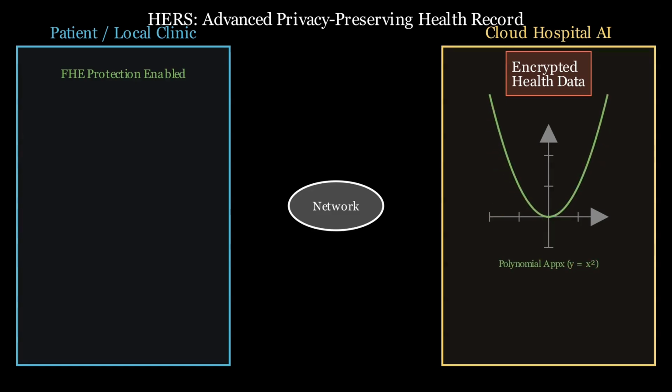To bypass this roadblock, HERS employs a radical architectural shift, polynomial approximation. As you can see on the screen, we replace the sharp, non-computable ReLU boundary with a smooth, low-degree polynomial curve. In this simplified visual case, the square function, $y = x^2$. Why does this work?